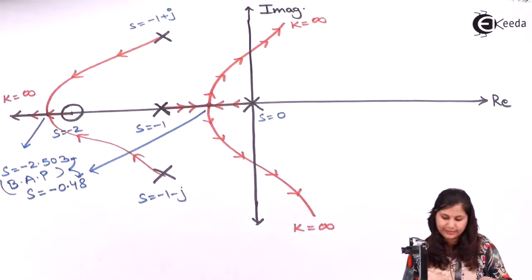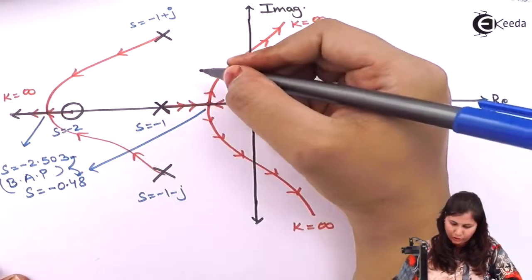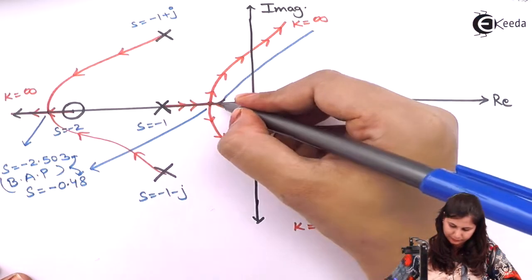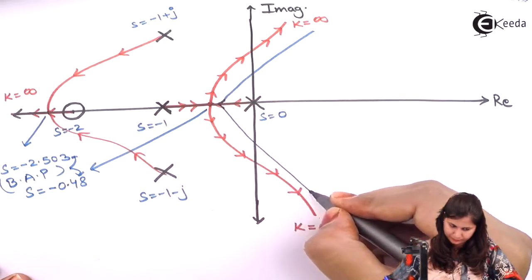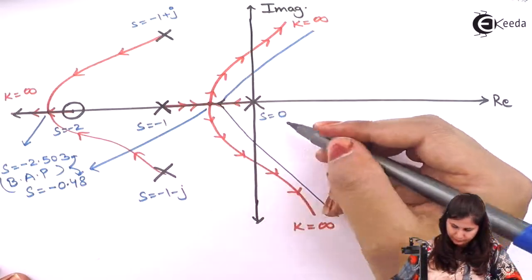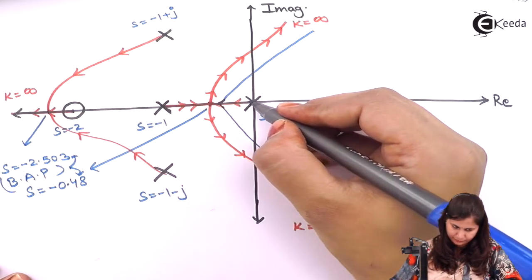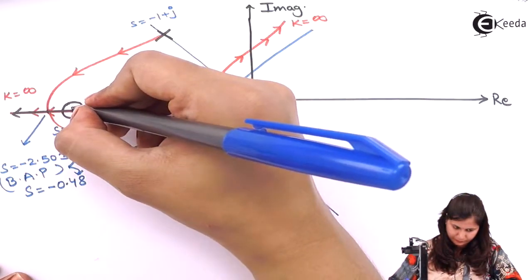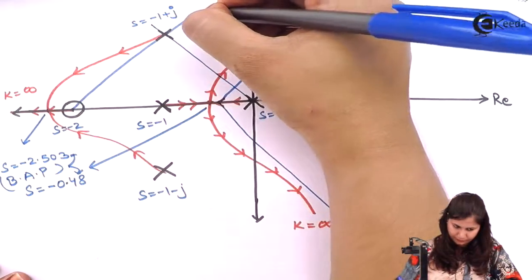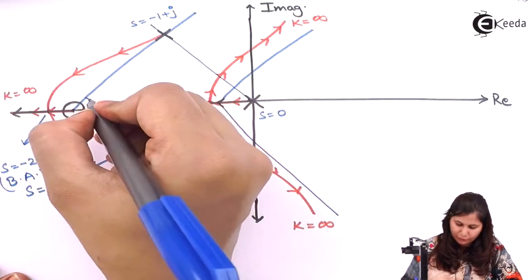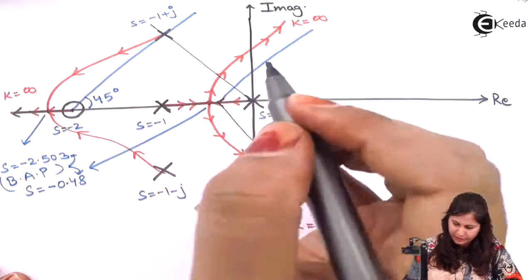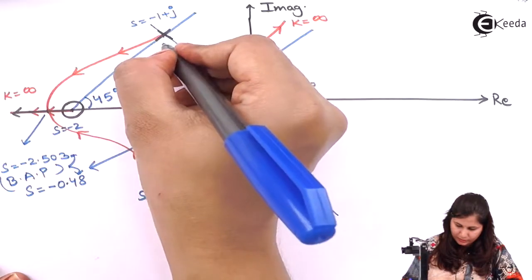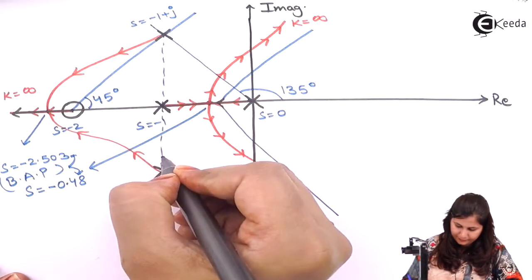Now our next step will be to draw the asymptotes. These are the angles which we have obtained for the asymptotes: 45 degrees, 135 degrees, and 90 degrees, 90 degrees.